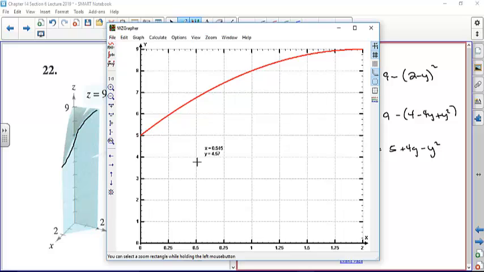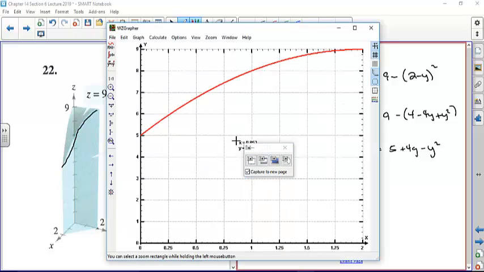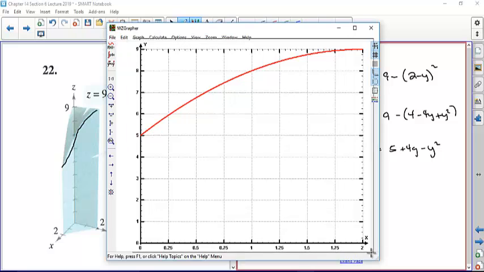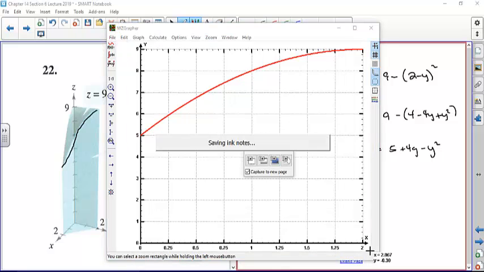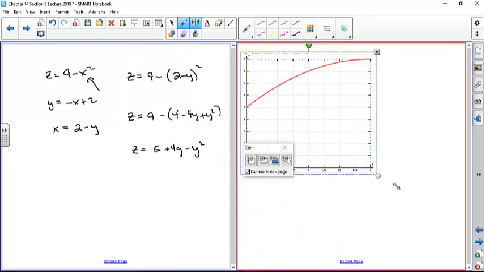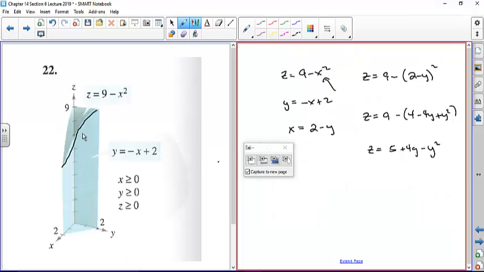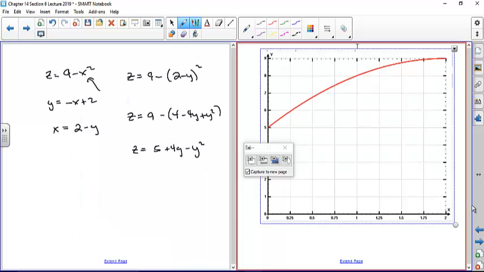And let me take a picture of that, and then we'll manually change the scale designations. So the 0 to 2 part is the y part. So this is actually y, and this one is z.